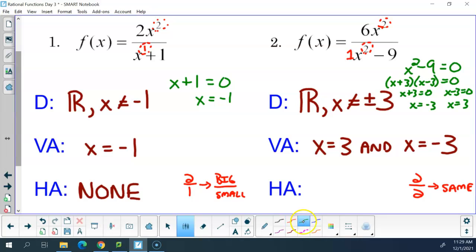Okay, so let's assume that there's a 1 there. So I've got to look at those 2 numbers. So my horizontal asymptote would be y equals 6 divided by 1, which is just y equals 6.